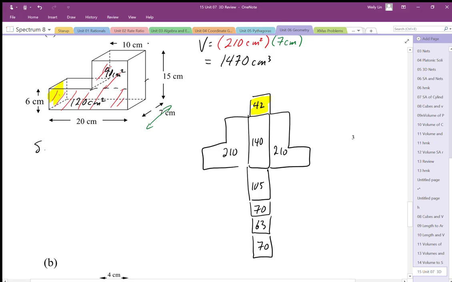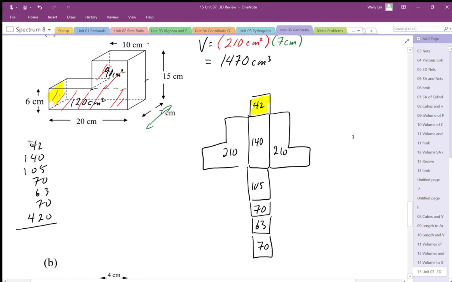Add up the surface area. So my surface area is going to be 42 plus 140 plus 105 plus 70 plus 63 plus 70 plus the two 210s, so I'm going to say 420. So I'm going to have 5, 7, 10.